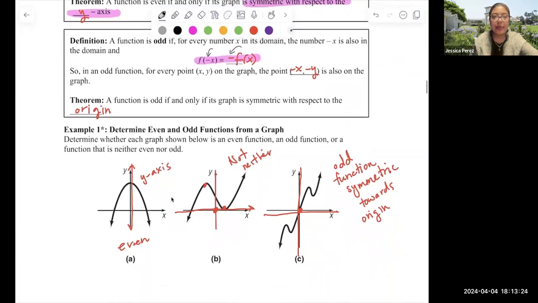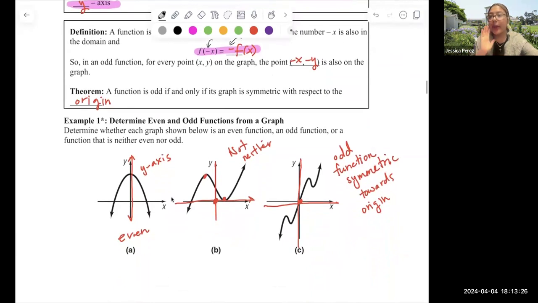So we're going to look at example number 1. Based on just looking at the graph itself, what can you tell me about them? This graph, it's symmetric towards the y-axis. See how this is the y-axis and it has a reflection. It's symmetric. This one is neither. It's not symmetric towards the x nor the y. You'll say, well, these are the same. But be careful.